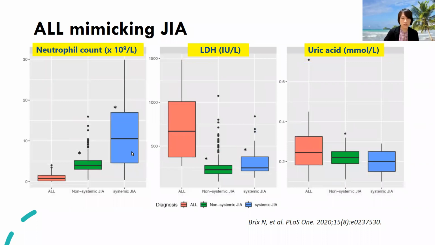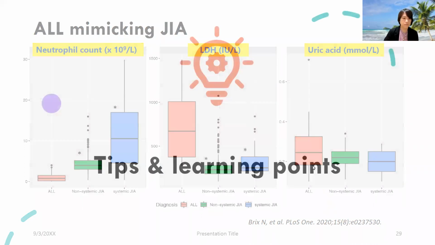The neutrophil count is usually higher in systemic JIA, whereas leukemia usually has lymphocyte predominance. The median LDH is usually higher in ALL compared to systemic JIA and non-systemic JIA. But uric acid is not much different among the 3 groups.